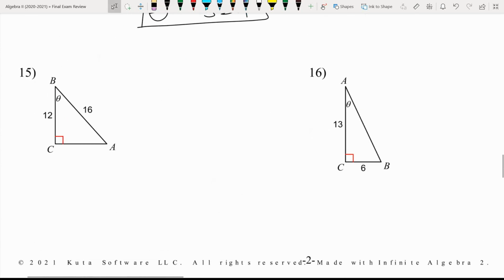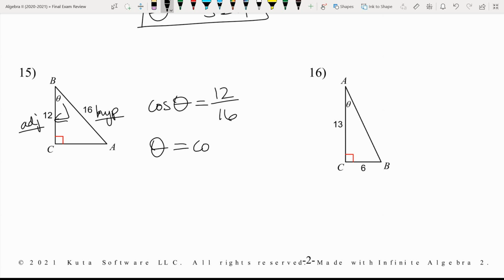And then the last two down here, looks like we have an adjacent side, and then over here the hypotenuse. So it looks like that's going to be adjacent over hypotenuse. That's cosine then of theta is equal to the adjacent 12 over the hypotenuse 16. So theta equals cosine inverse of 12/16.